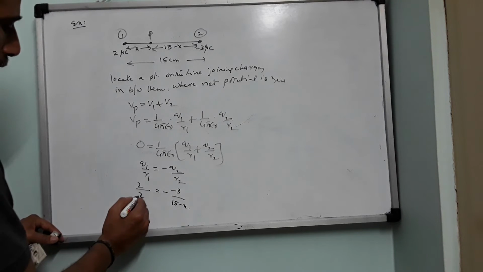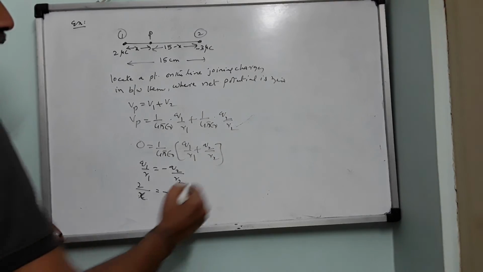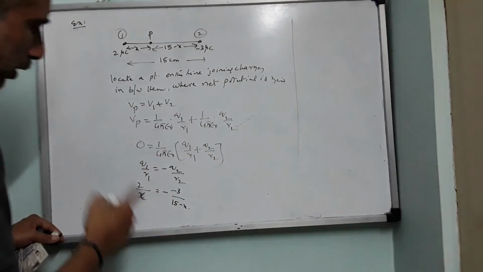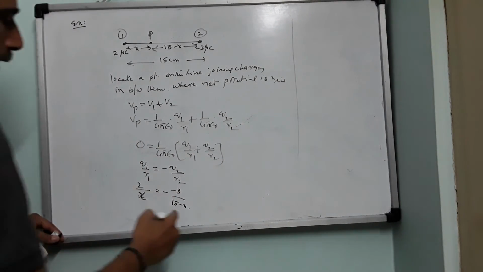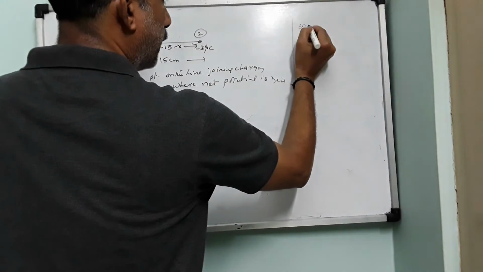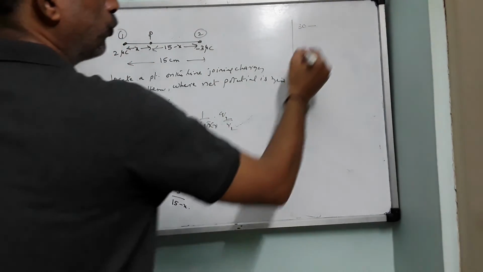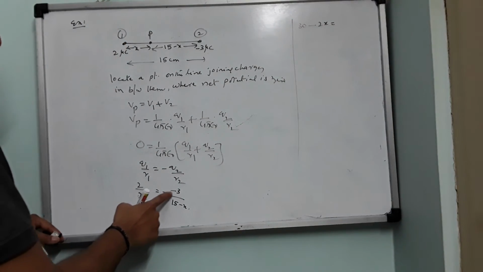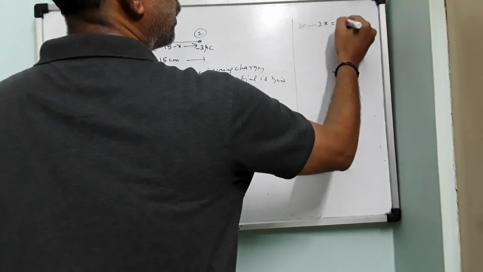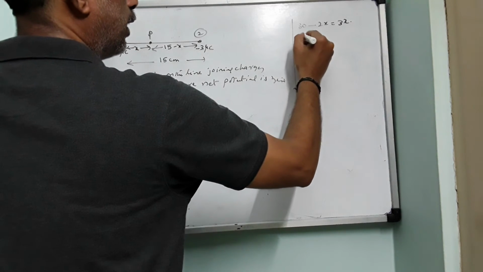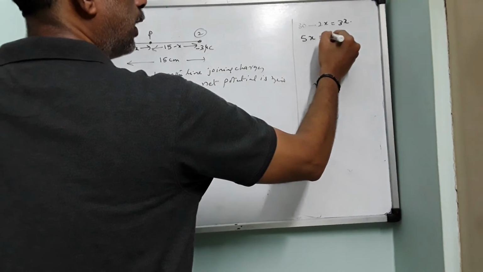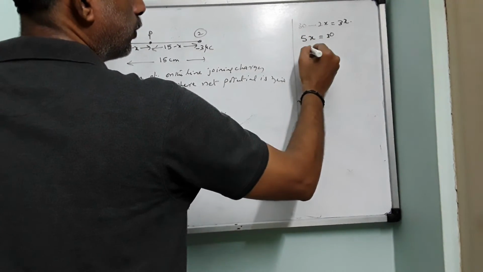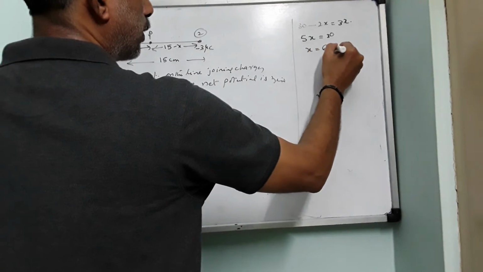You cross multiply this. This is x. Now, 15 into 2, 30 minus 2x equals, this is minus into minus, plus 3x. And 2x will go that side, 5x equals 30, right? So x equals 6 centimeter.